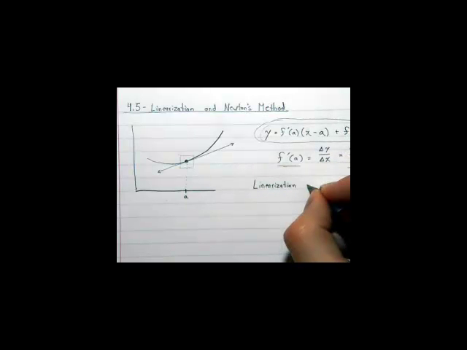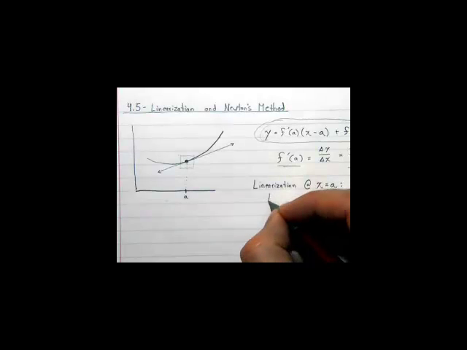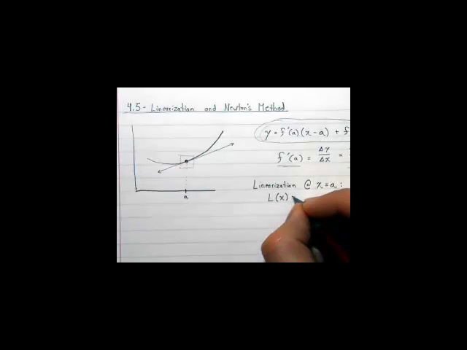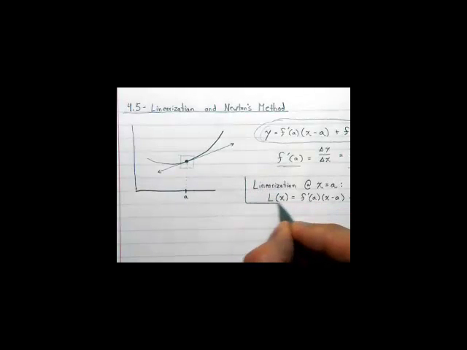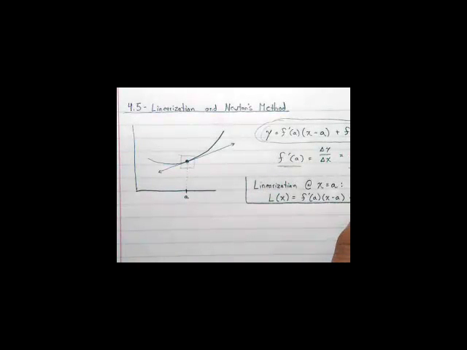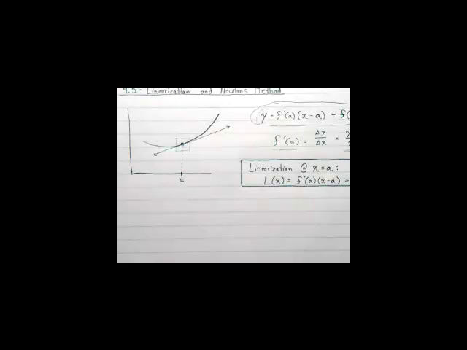A linearization at x equals a is going to have the following equation: L of x is equal to f prime of A times x minus A plus f of A. It's the same equation as this. Like I said, they take the y and make it an L of x.